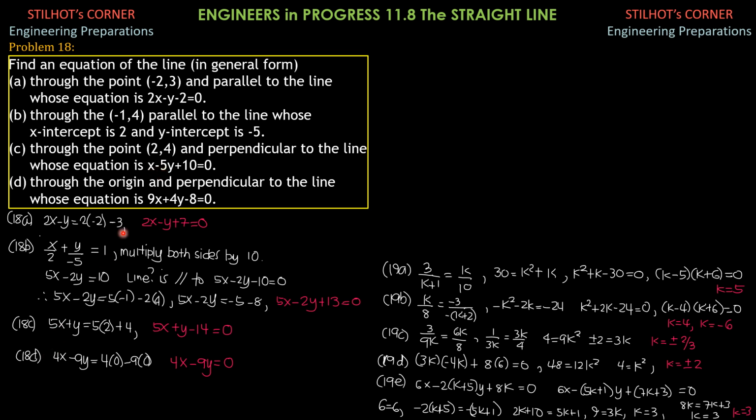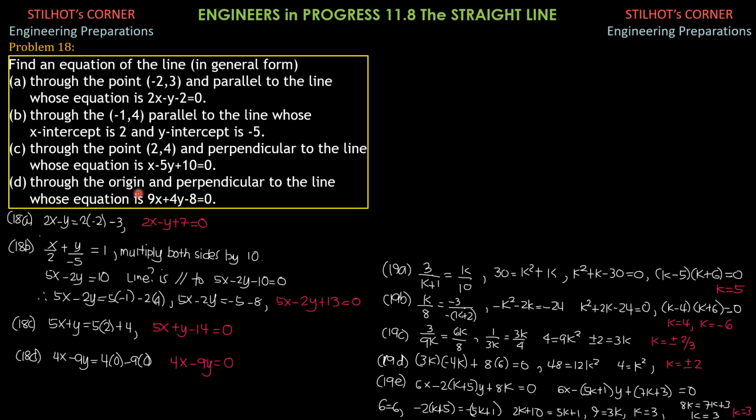So interchange coefficients, so 5x, then change the sign, plus y equals 5 times x1, and x1 is 2, plus y1, which is 4. So therefore, in general form, 5x + y - 14 = 0. That's the equation of the line.